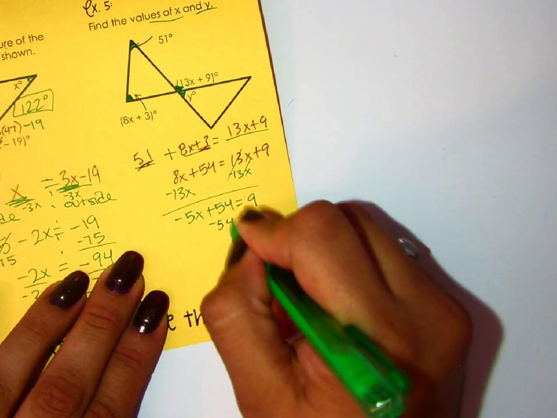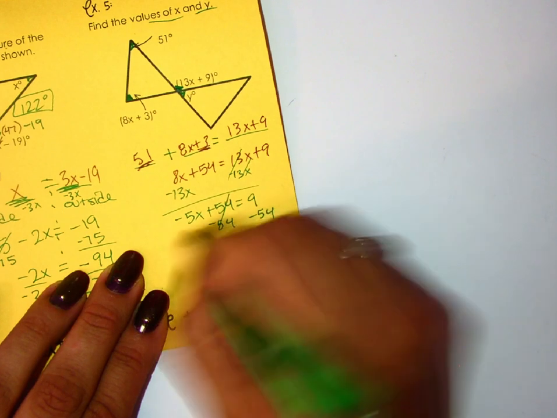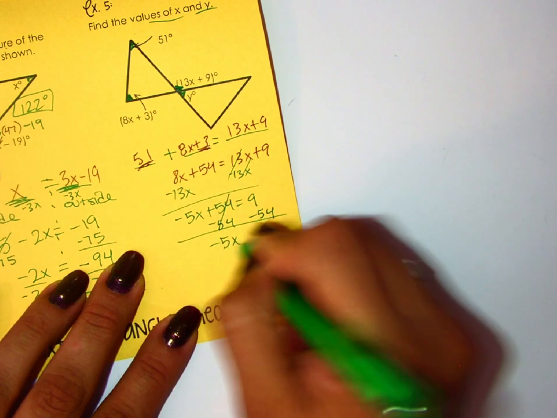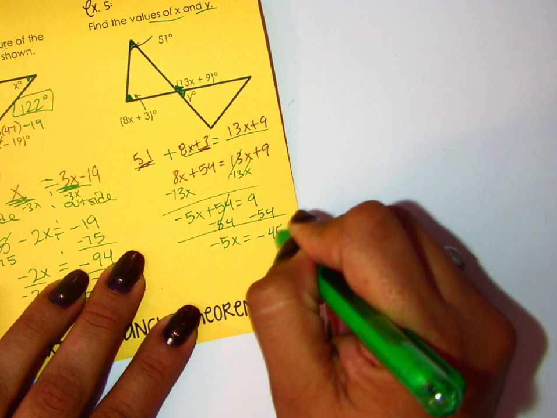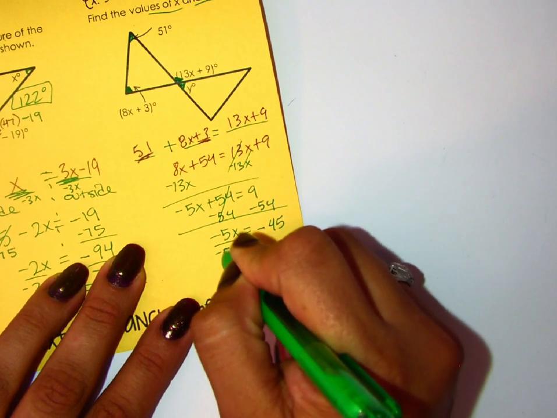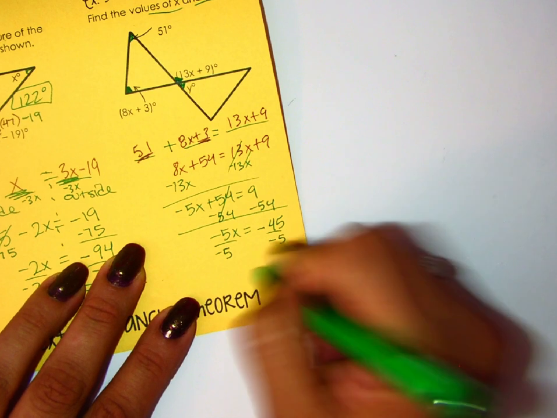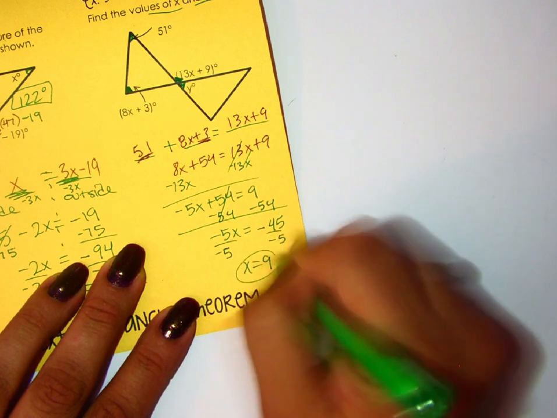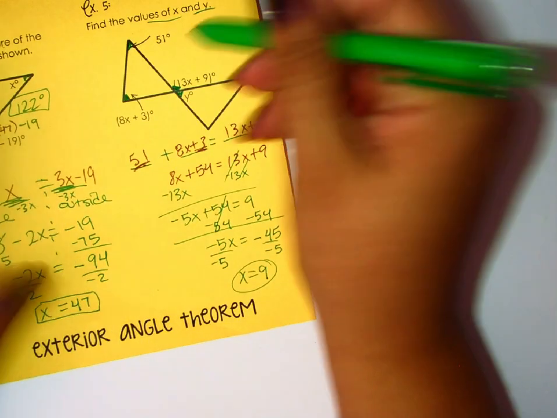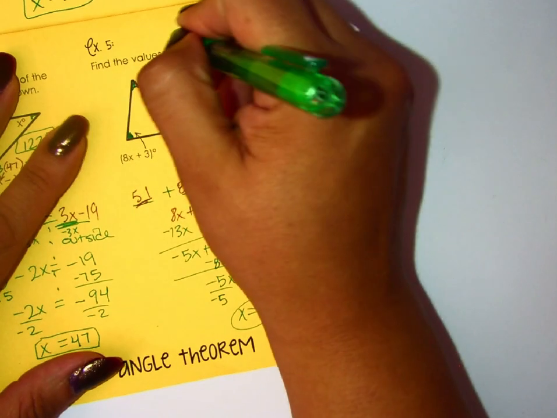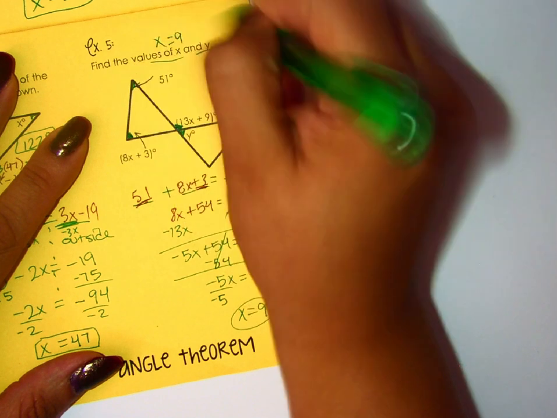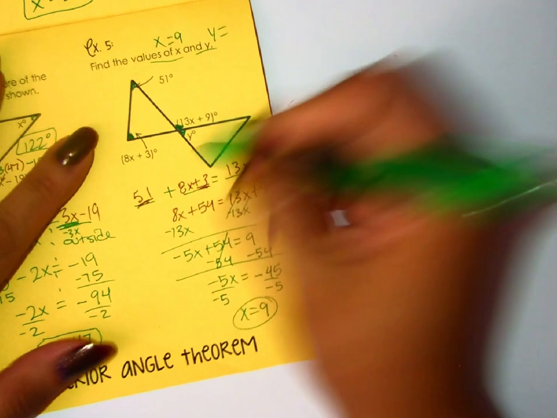Subtract 54, negative 5x equals negative 45. Divide by negative 5, divide by negative 5, x equals 9. It says to find the value of x and y. So this is your x, 9. And then the y, it's right here.